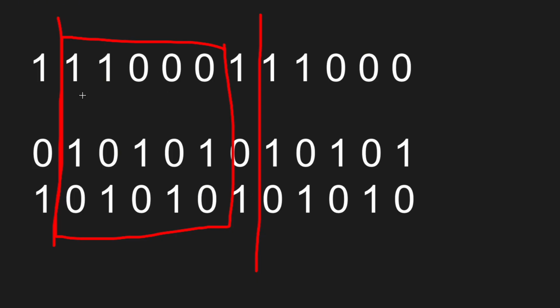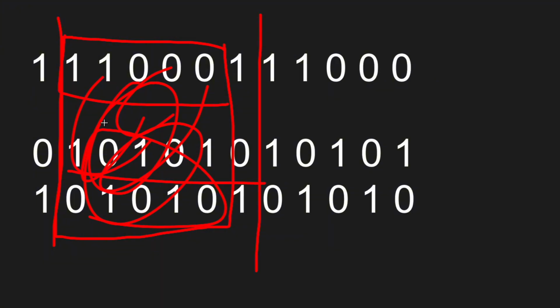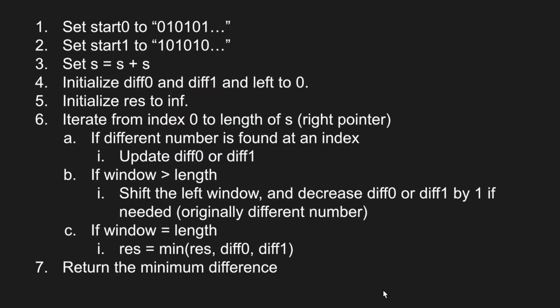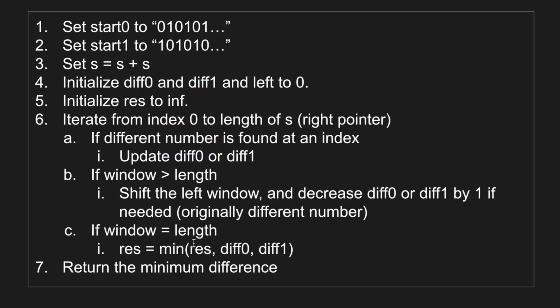Rather we can use a sliding window to maintain the total difference for these parts. And as we shift the left side of the window, we need to also update from here and also update from here. Honestly, I think for this problem it's better to just look at the example walkthrough, but in case anyone prefers to see it in words, this is how it looks.